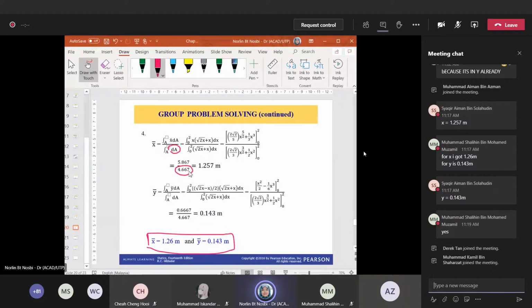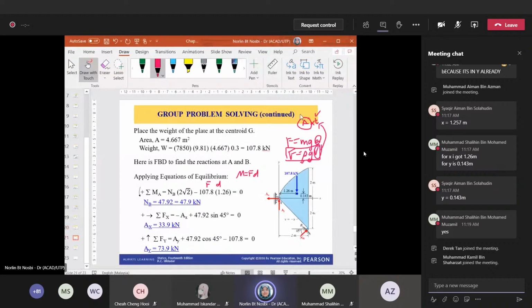So now you know the A. So you just fill in. The density is 7850, 9.81 is the g, and then this is the volume. So now you know the W, the weight of this steel plate. So why do you need to find the W? Because in this equilibrium equation, that is the weight that you need to add on.